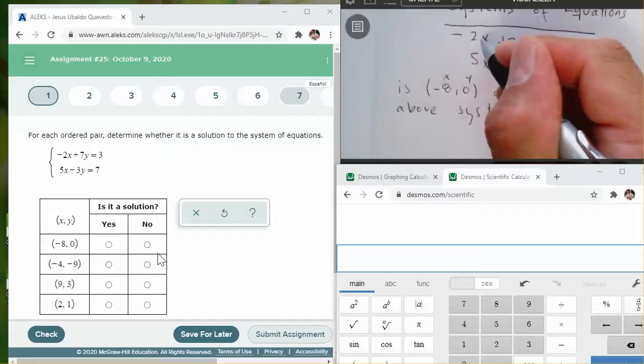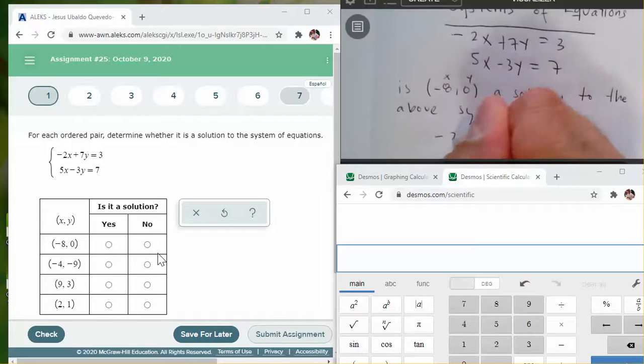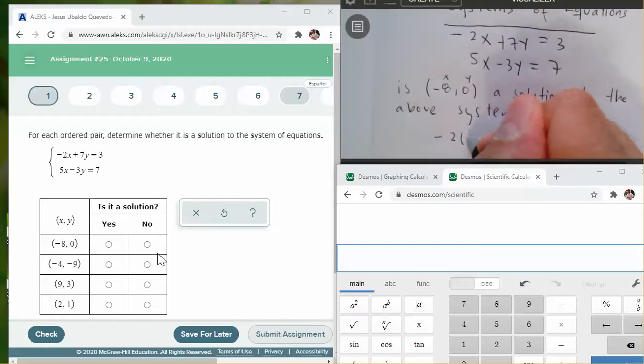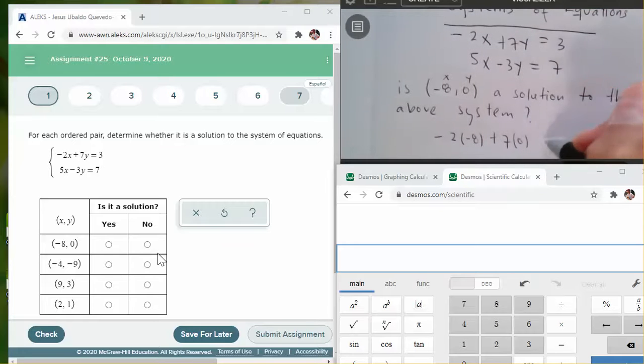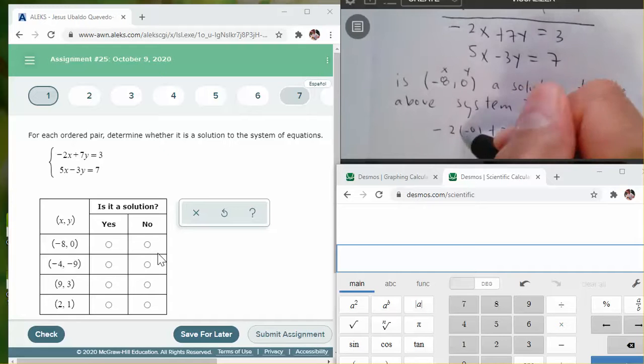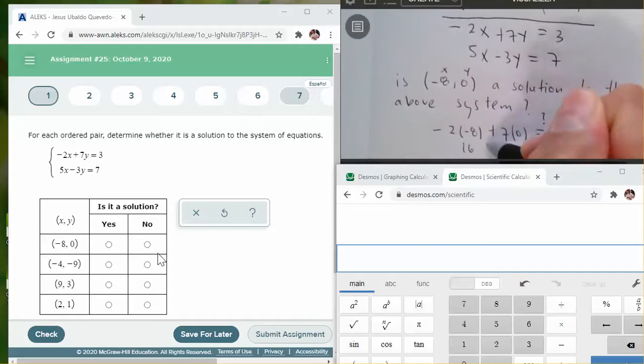So I do the substitution: negative 2 times x, which is negative 8, plus 7 times y, which is 0, and this, with a question mark, should be 3. So negative 2 times negative 8 is 16, 7 times 0 is 0, 16 plus 0 is 16. Is 16 equal to 3? No.